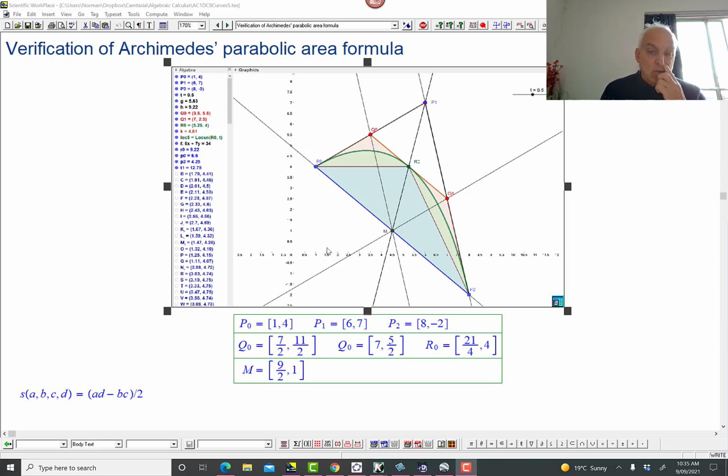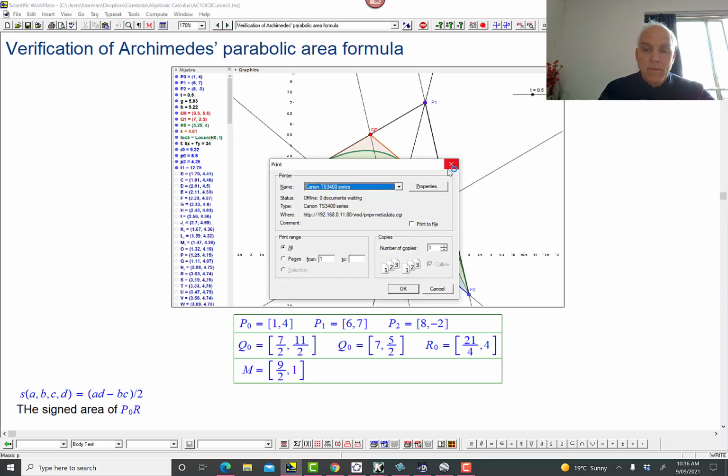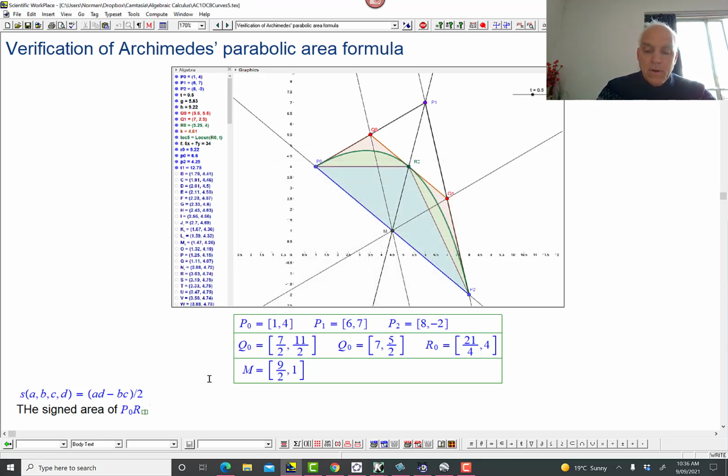So let's first calculate the signed area of this triangle P0, R0, P2. Okay, so first order of business, the signed area of the triangle P0 and then R0 and then P sub 2, okay?